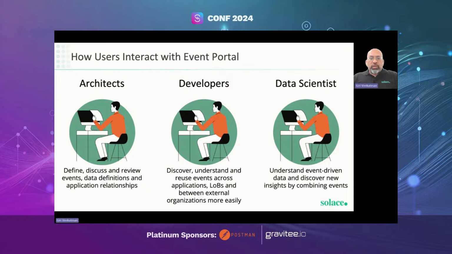And comes the third persona, data scientists. They use the event portal to better understand the event-driven data and discover new insights by combining events that can help the enterprise. That's from the user interaction perspective.